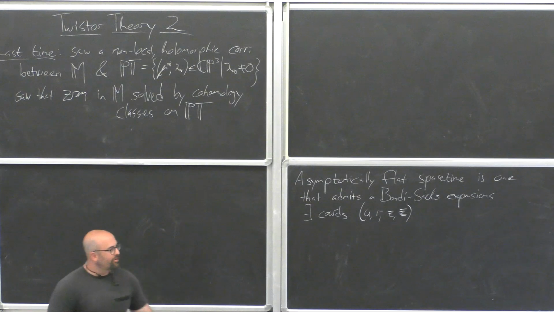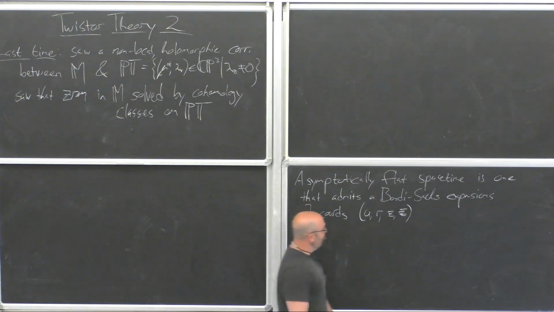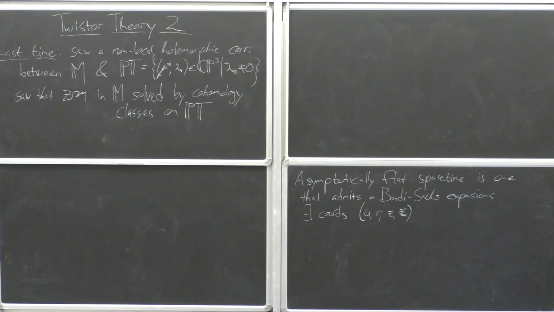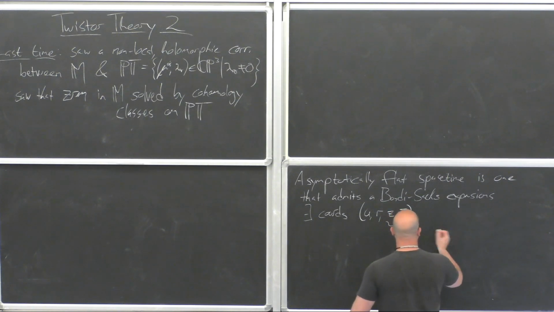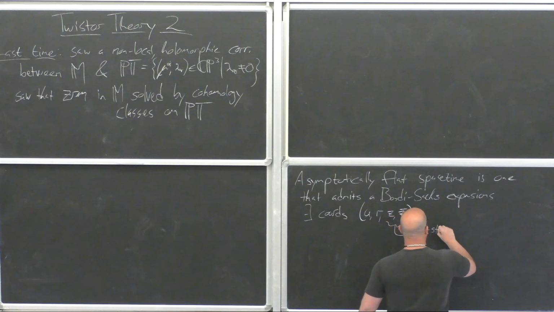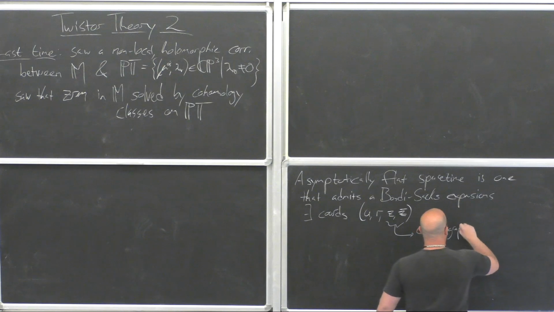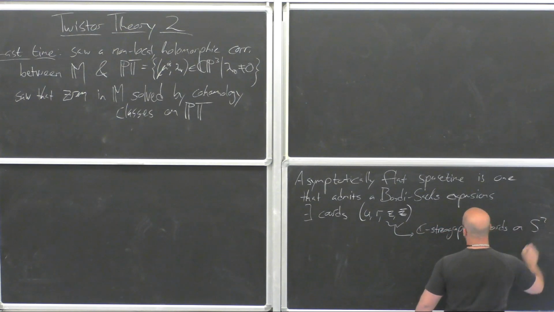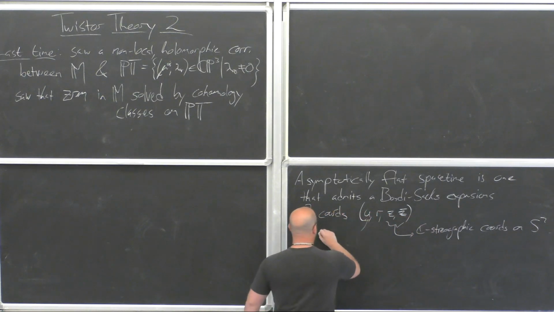Now, I don't want to sound like a broken record, but that's what I am. What I always hate about Z and Z bar is that these are not global coordinates on the sphere, right? These are meant to be complex stereographic coordinates on S2.